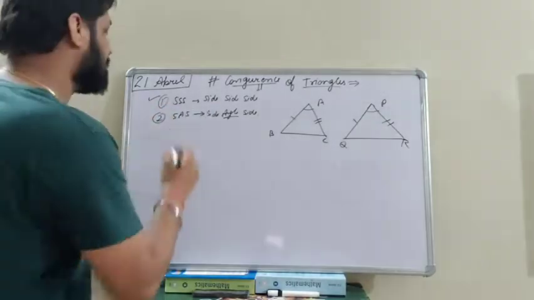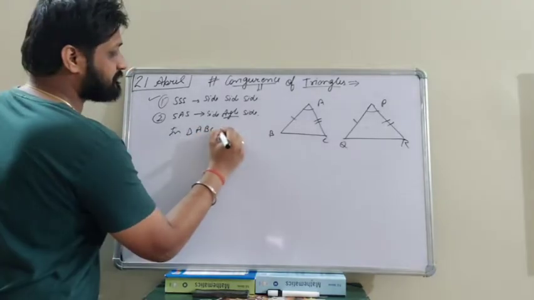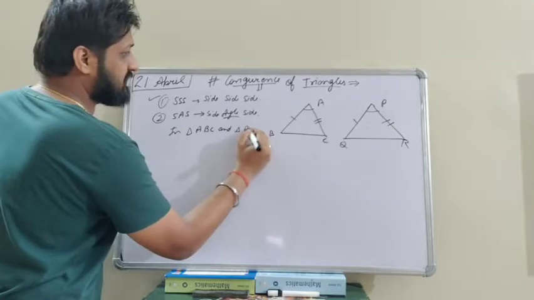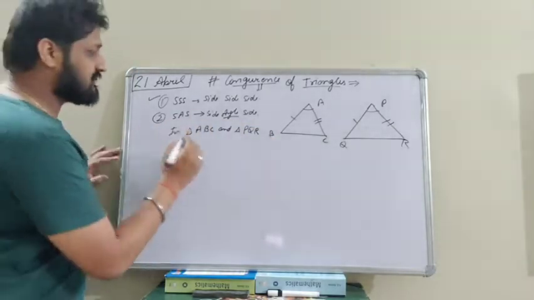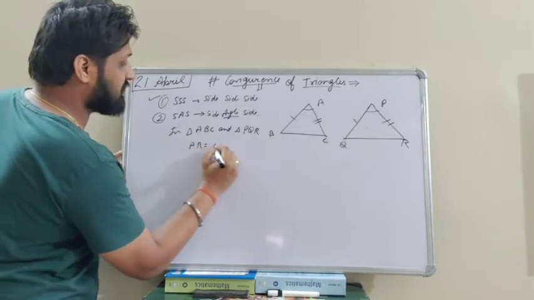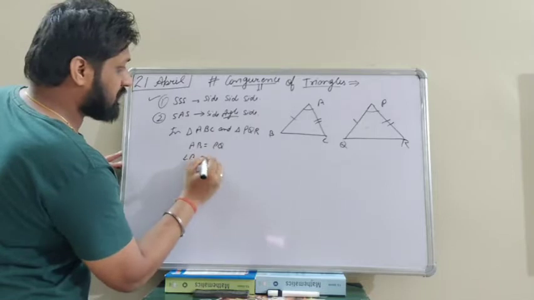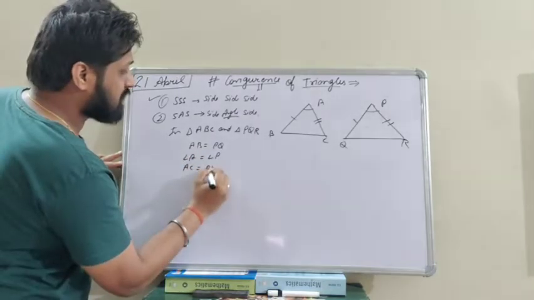Now see how we will write. Now in triangle ABC and triangle PQR, we have taken these two triangles. Now what is given? AB is equal to PQ. Then angle A is equal to angle P, and the third is AC is equal to PR.